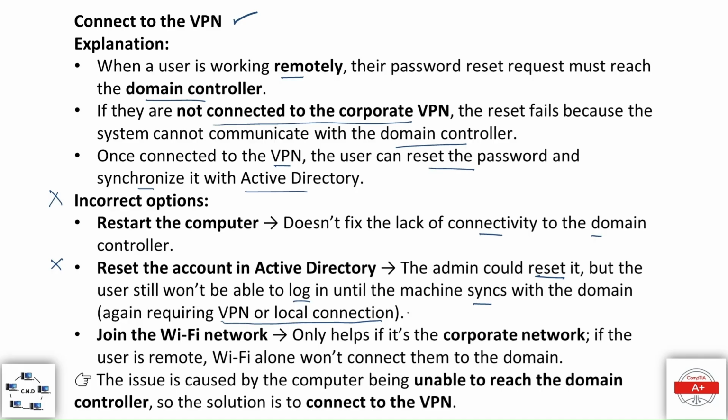And join the Wi-Fi network only helps if it's the corporate network. If the user is remote, Wi-Fi alone won't connect them to the domain. So the issue is caused by the computer being unable to reach the domain controller. So the solution is to connect to the VPN.